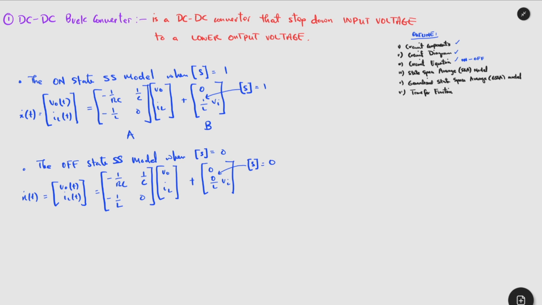We are now going to look at the behavior during the on and the off. So this equation is equivalent to x t equals v naught t and il t, equivalent to minus 1 on RC, 1 on C, minus 1 on L, and 0, times V naught and IL.